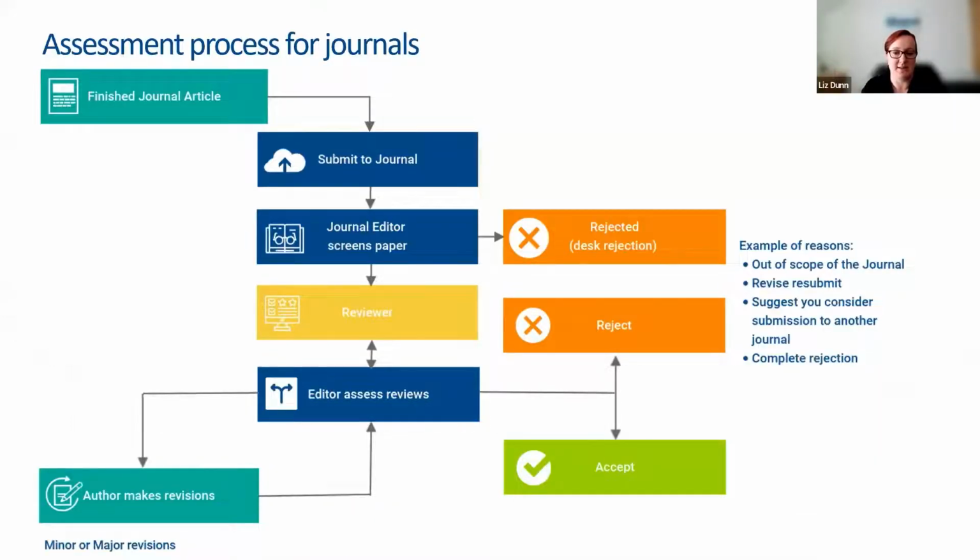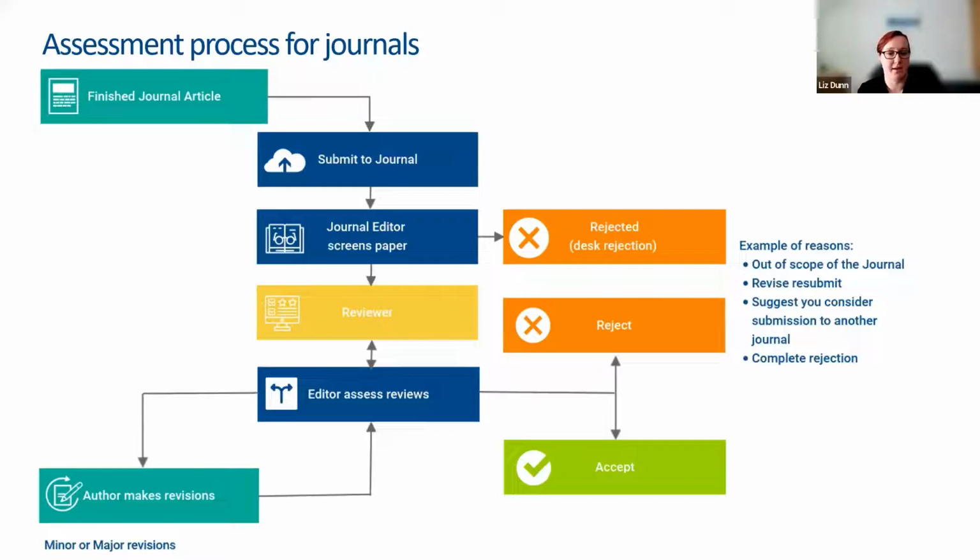So this is an overview of the assessment process for journal articles. Once you've finished your article, you've submitted it to your journal. The journal editor will then initially screen the article to decide whether it's suitable for the journal and should progress on to peer review. Sometimes at this stage, an article could be rejected, and that's called desk rejection.